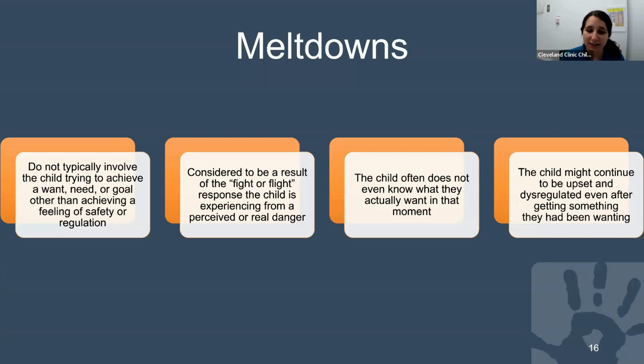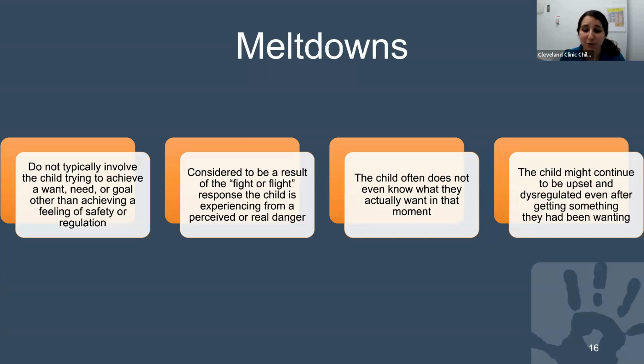So there can be a lot of overlap between the two concepts, but sometimes there can be differences. If the tantrum behavior was just kicking, or stomping and screaming after they were told the word no, and if they were then told, all right, fine, we can do what you want or get what you want, and then they're perfectly fine, that's probably more what we would consider a tantrum behavior.